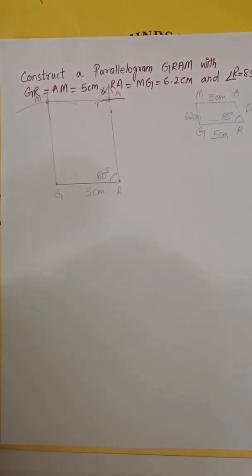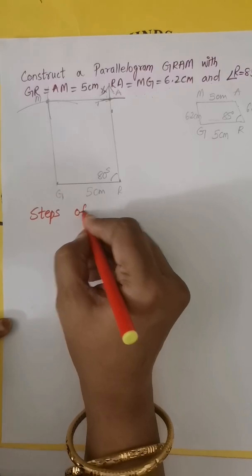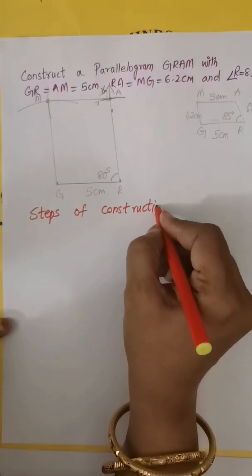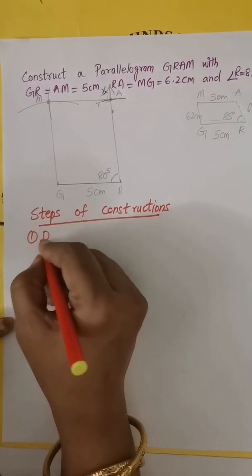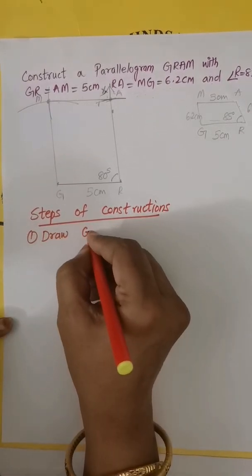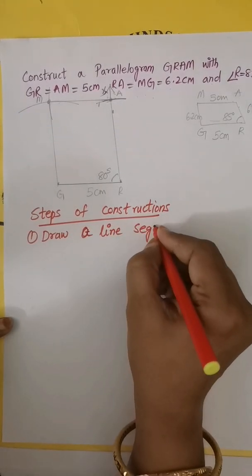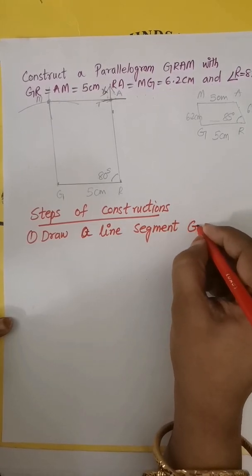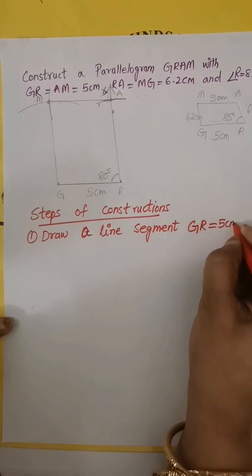So what are the steps of construction, children? Come on. Steps of construction. First one, what did we do? Draw a line segment GR equal to 5 centimeter.